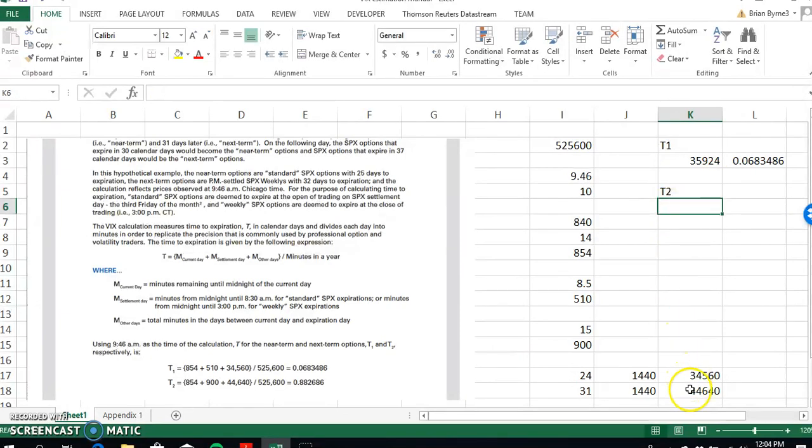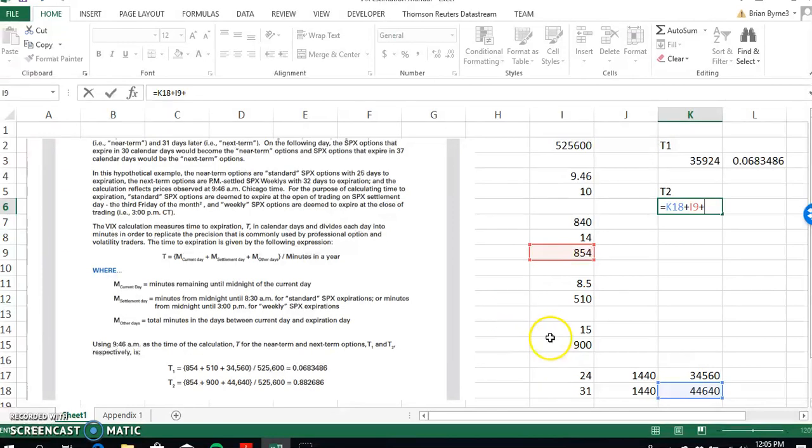And then for T2, again, we do likewise. How many minutes in the other days? They're 44,640, plus, well, in the current day, there's 854 minutes. We've already established that. And then in the settlement day, in the longer maturity contract, we run to 900 minutes.